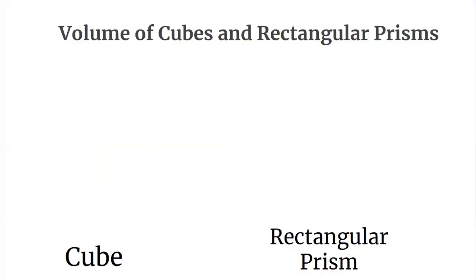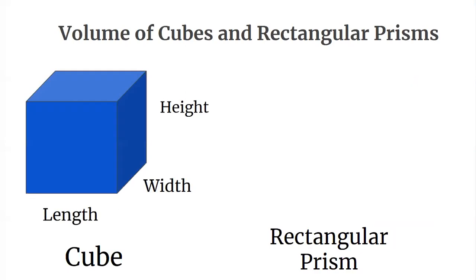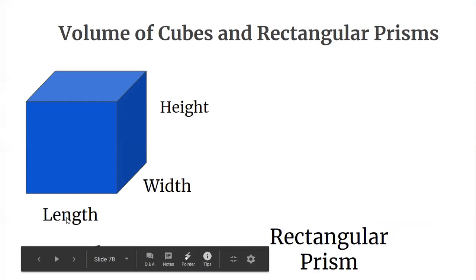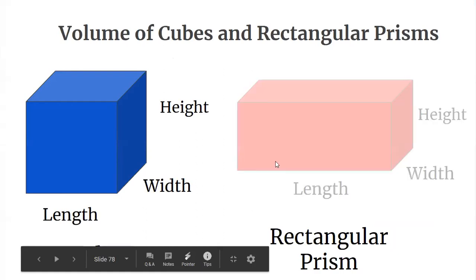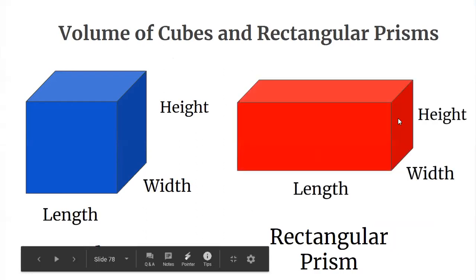So here we got, this is what a cube looks like with the length, width, and height and everything, even though all the sides are equal. And then we got rectangular prism right here. Looks like a 3D rectangle with a length, width, and height. So next.